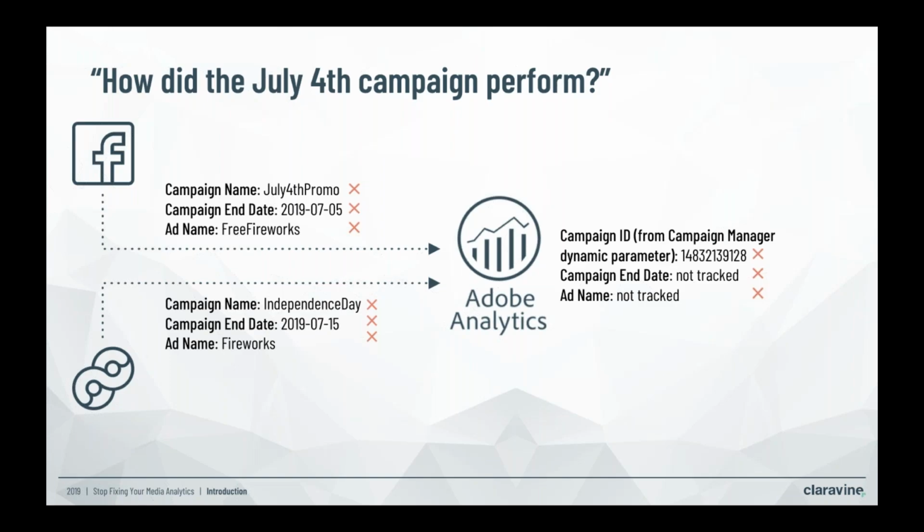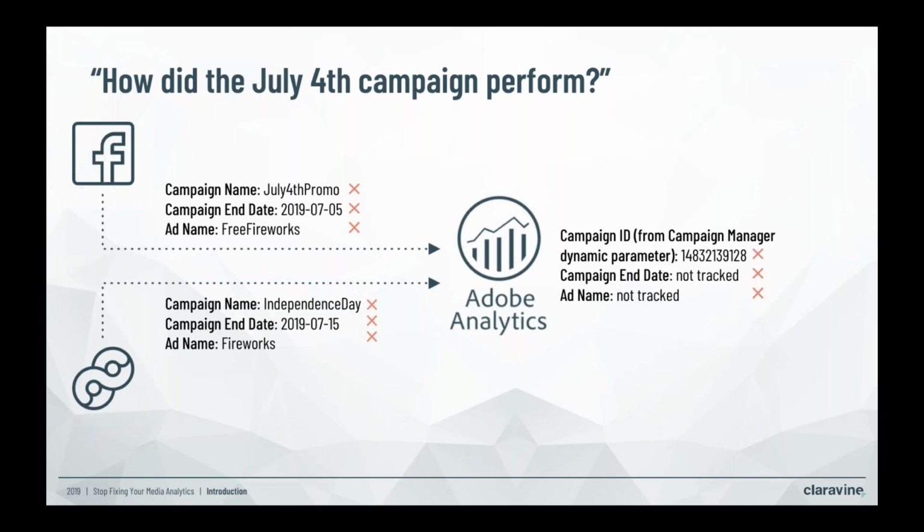If we come to a question such as, how did this July 4th campaign that we just ran perform? The answers that we get might be different depending on where we're looking. Because of course, we're not just getting data from our analytics platform. A lot of times data is being taken from the native platforms such as Facebook Ads Manager or Google Campaign Manager, where you have additional details about your campaign.